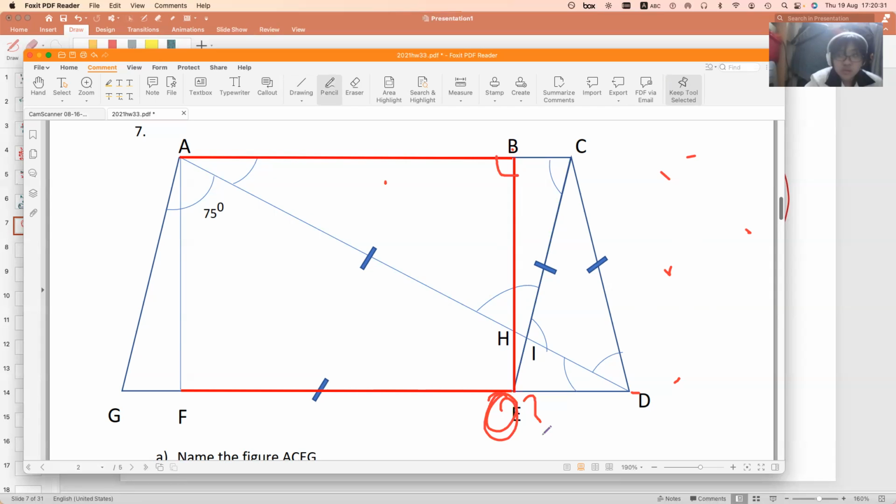There is no angle here. Unless you go and extend the line like this. But can you extend by yourself? No. You cannot. Then how? Choose another one.